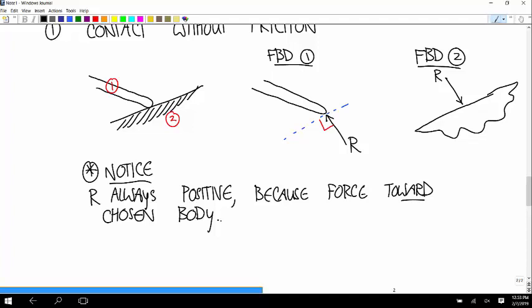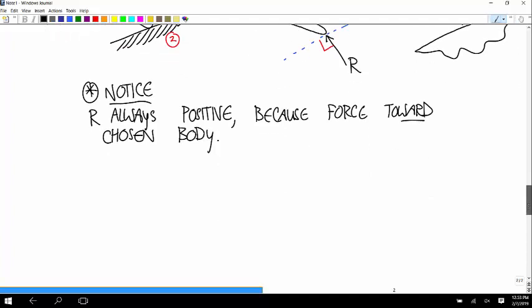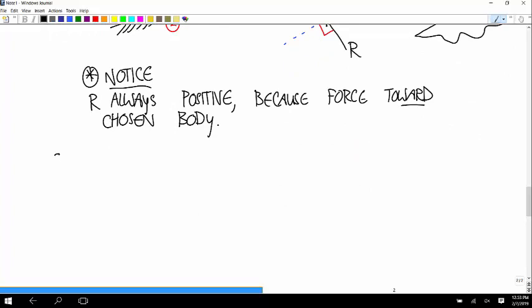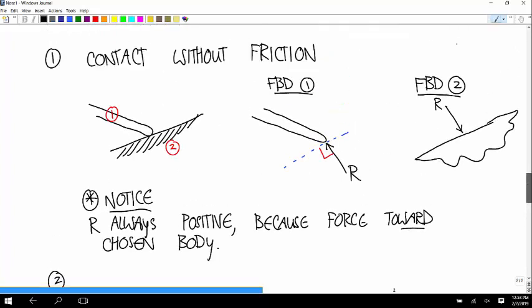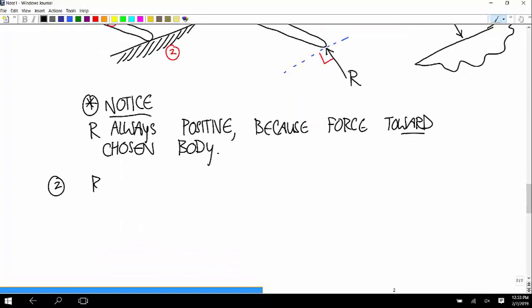Okay, the second thing is a roller. So this is still in joint category 1. And this can be drawn a couple of ways.